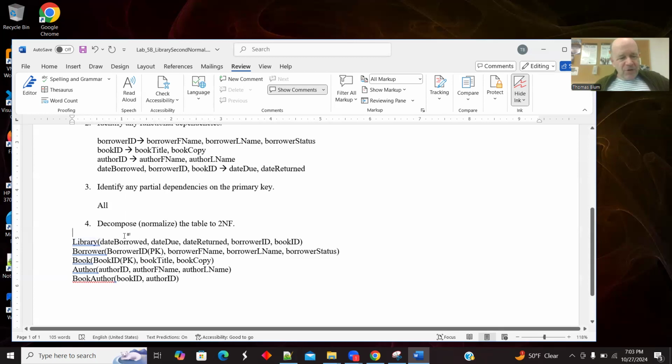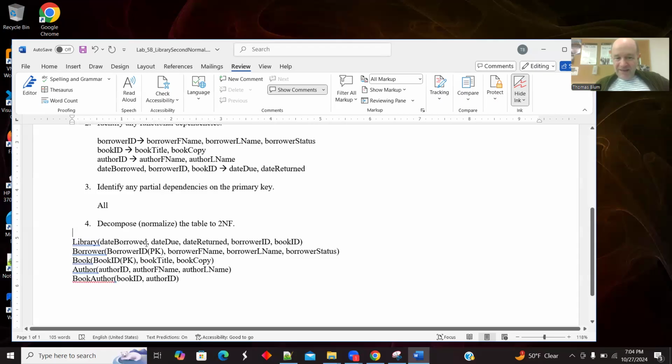So there are some things left in the original table: the book ID, the borrower ID to relate to the borrower, the book ID to relate to the book, and the date borrowed because that same person might borrow that same book multiple times.